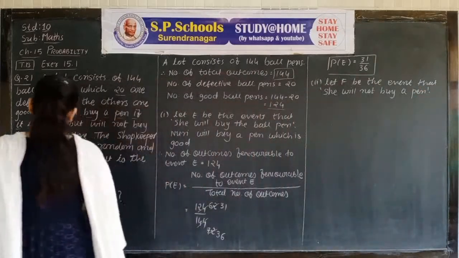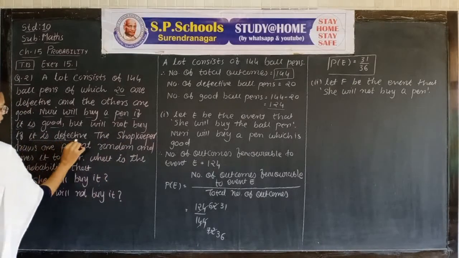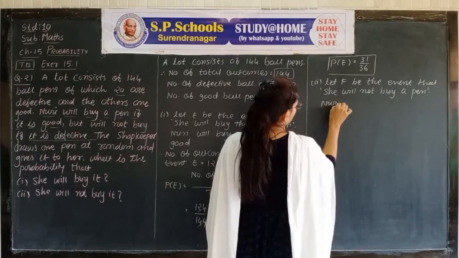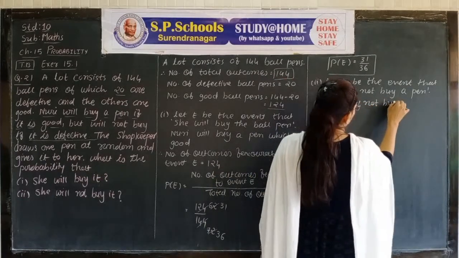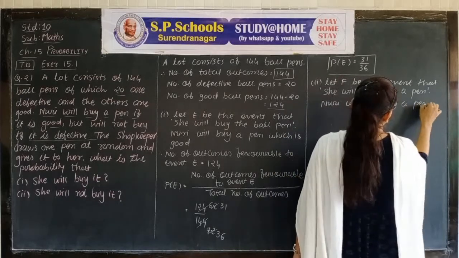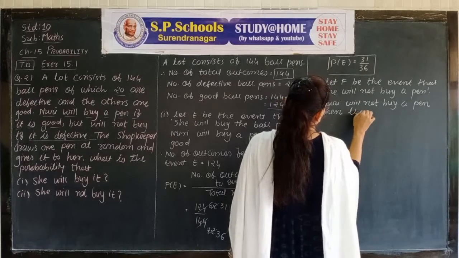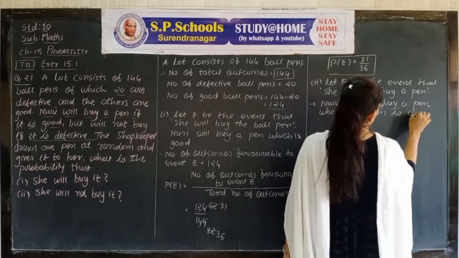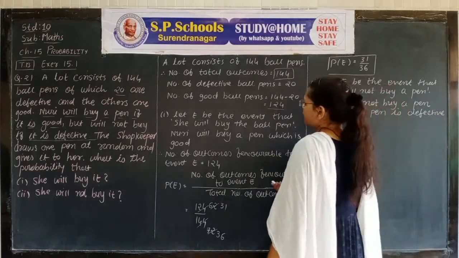Again in the question, Nuri will not buy a pen if it is defective. Nuri will not buy a pen when the pen is defective. Then we need to find the number of defective ball pens.